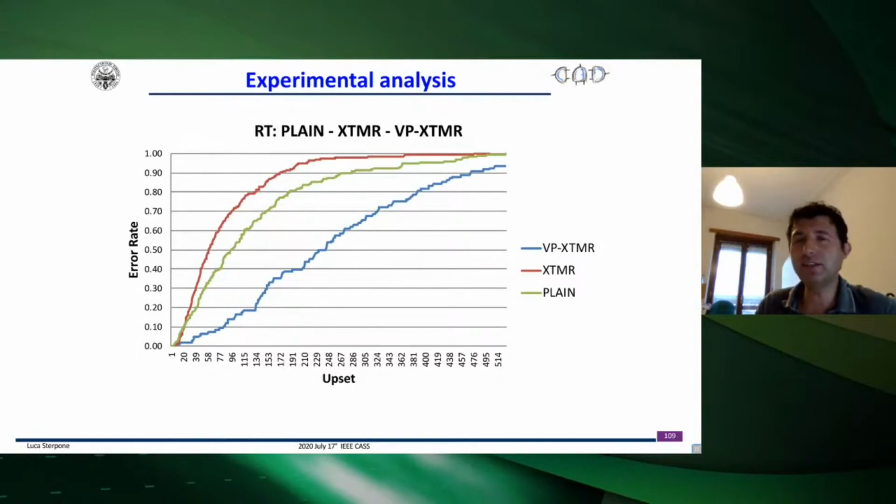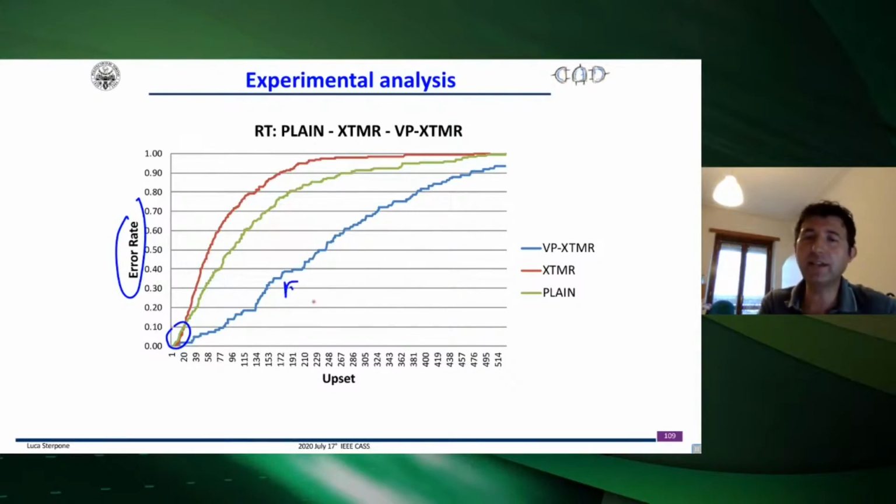Well, the results you obtain are really interesting, because you can compare the various circuits I showed you before with respect to the error rate, so the application that makes errors in the output. Here it is interesting because you see the plain one and the TMR. The TMR works fine only for a small number of bits, but once you have more bits without scrubbing inside the configuration memory, this is for SRAM FPGA, you will have an effect that is more critical because you have more resources used.